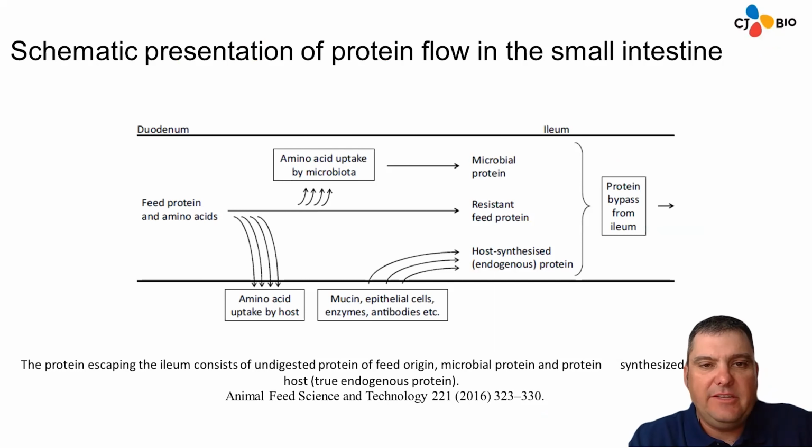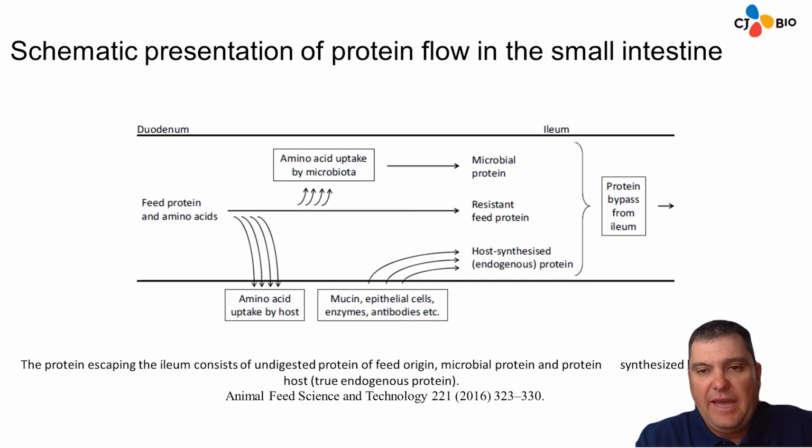This schematic is just a presentation to walk you through the protein flow in the small intestine. So protein generated from feed moves into the duodenum. You'll have some amino acid uptake by the microbiota, and then you'll have amino acid that's taken up by the host. So that's digested.